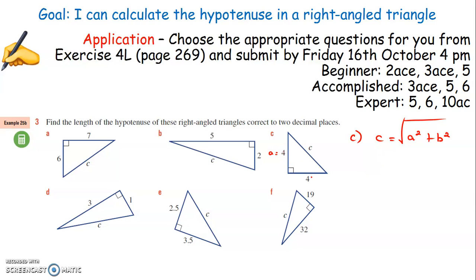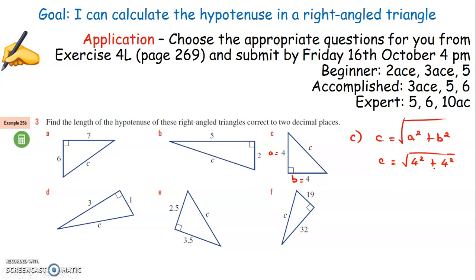You can see here the two shorter sides are both 4, so it really doesn't matter which one is which. So our A is 4, so 4 squared, plus our B is also 4, so 4 squared again. Don't forget the square root sign.